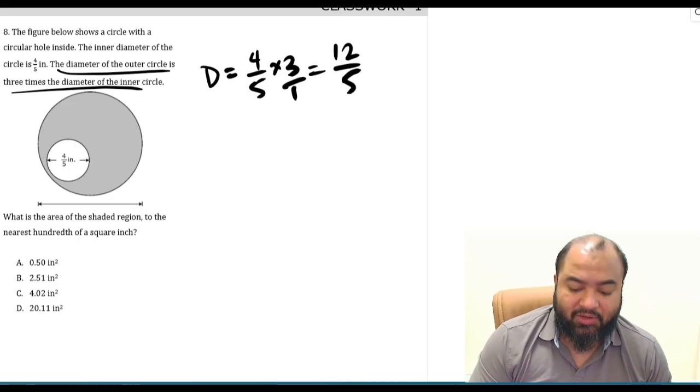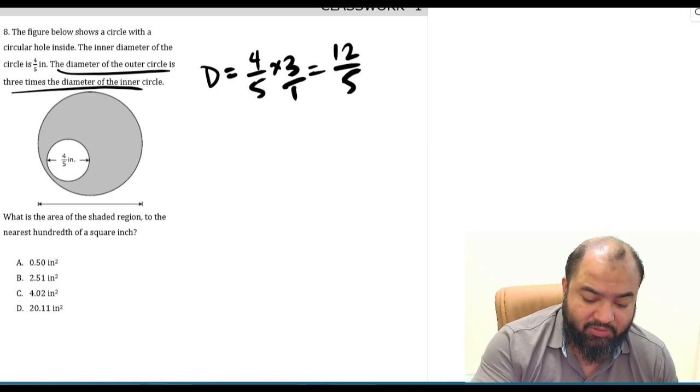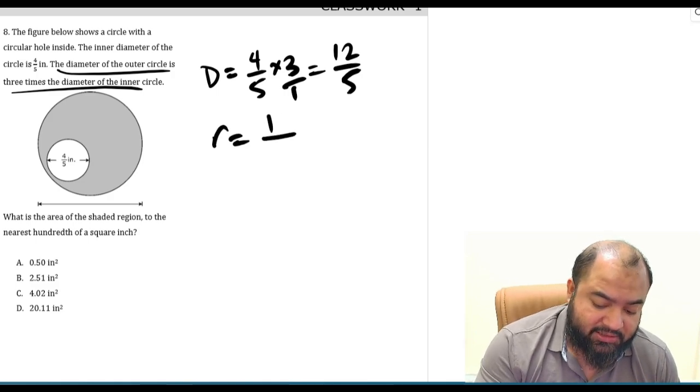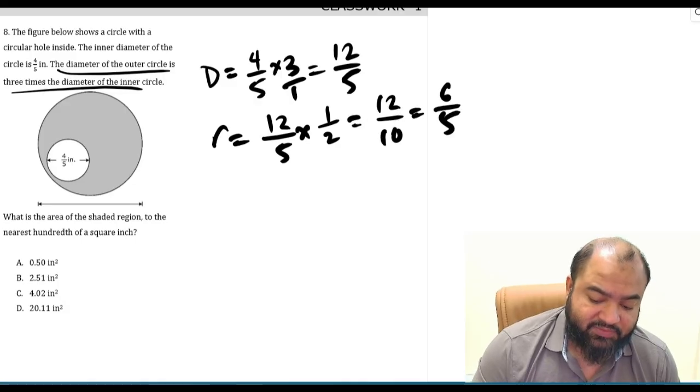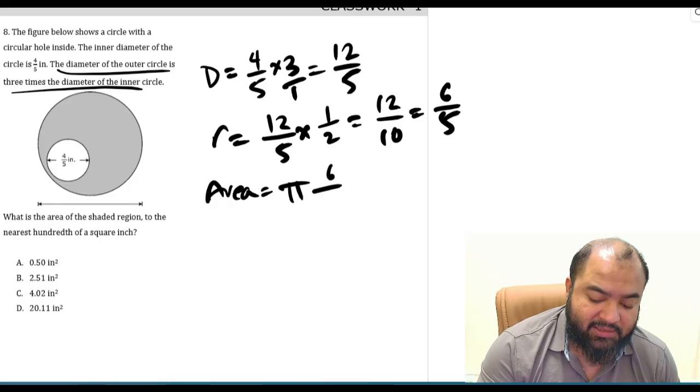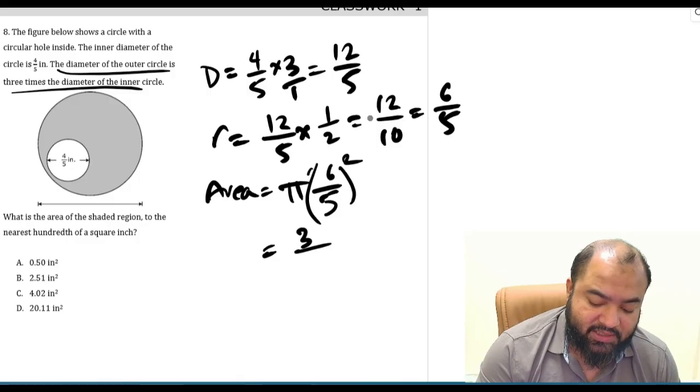That's the diameter of the bigger outer circle. Radius is 12/5 times half. So that's 12/10, which is 6/5. Now area is pi times 6/5 squared. That is 36/25 pi.